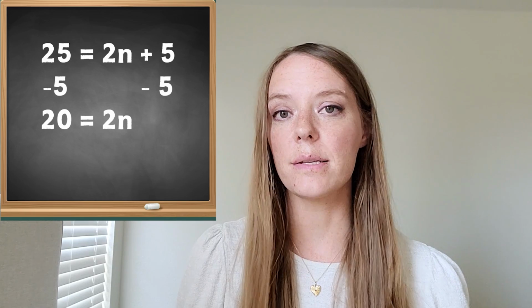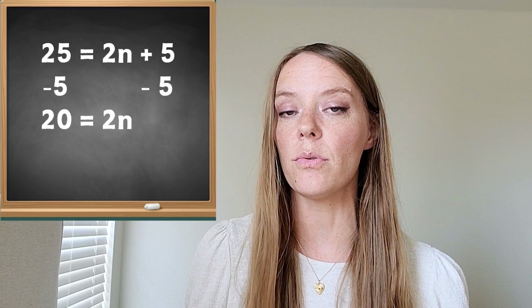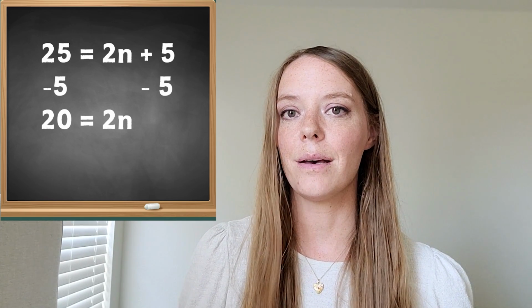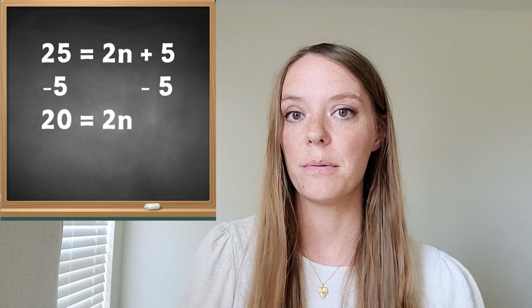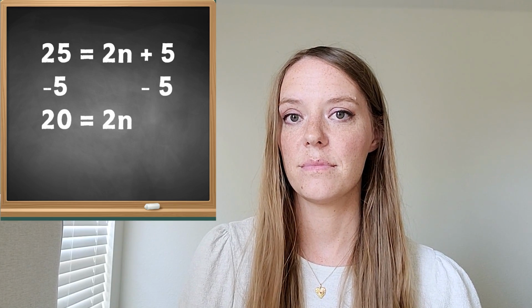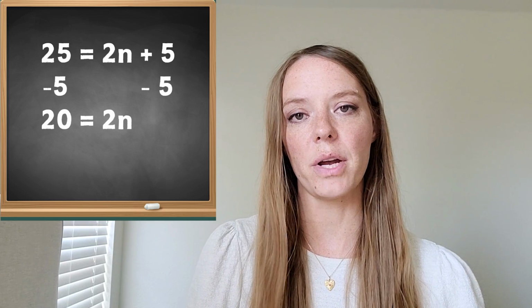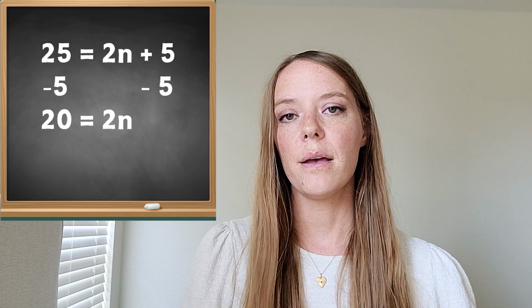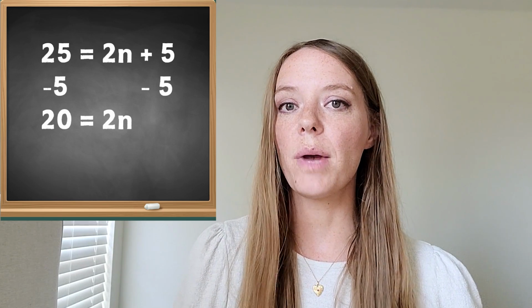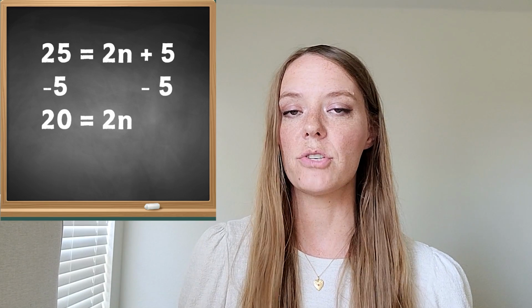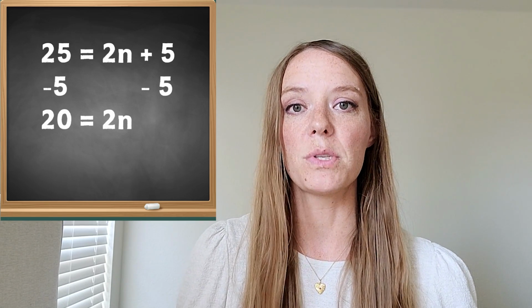So now here's that second step. What can we do to get the variable by itself? Okay, some of you also remember this from 6th grade. If we see something like 2n and there's no operation symbol, that means that we're multiplying.